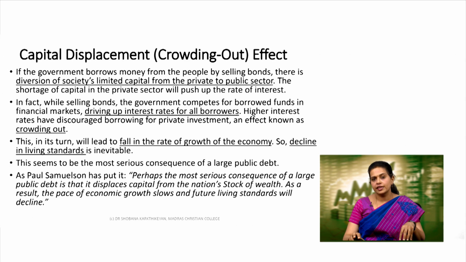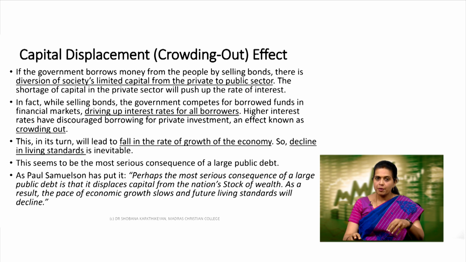The second thing we have to see here is capital displacement on account of the crowding out effect. If the government borrows money from the people by selling bonds, there is a diversion of the society's limited pool of money. This would have otherwise gone to the private sector. The private sector would have gone ahead with its expansion plans.